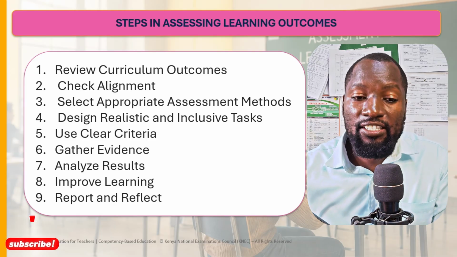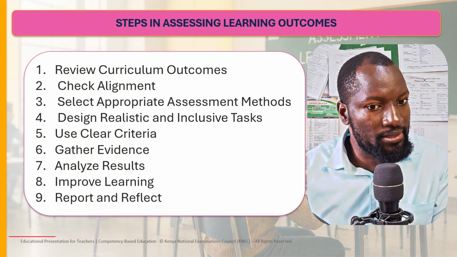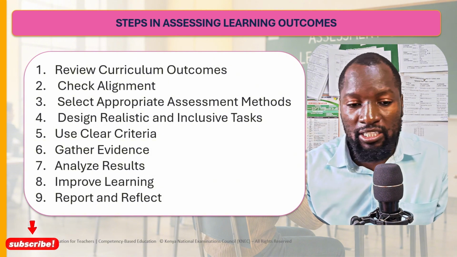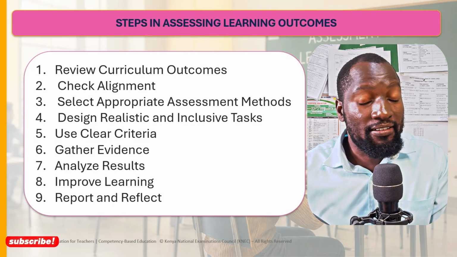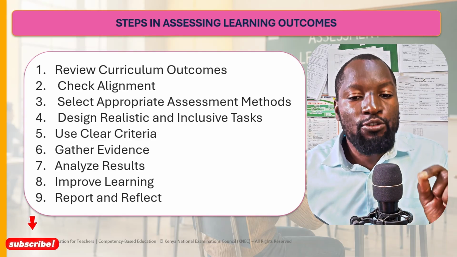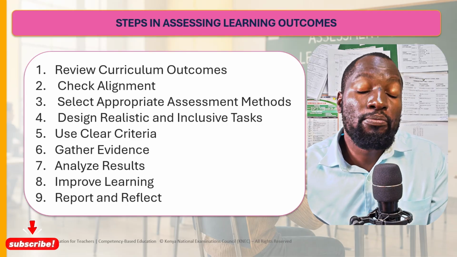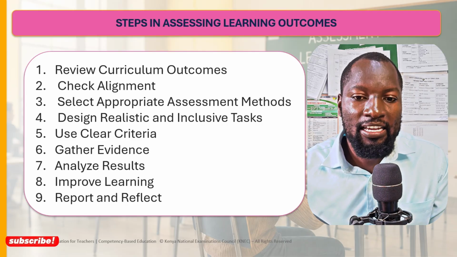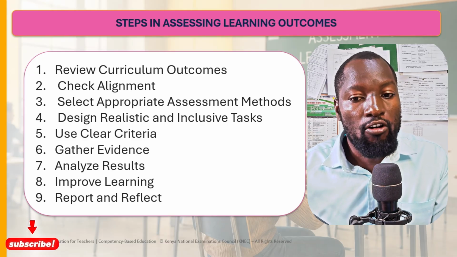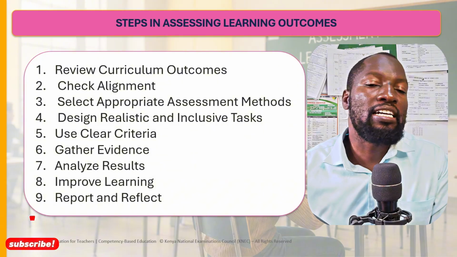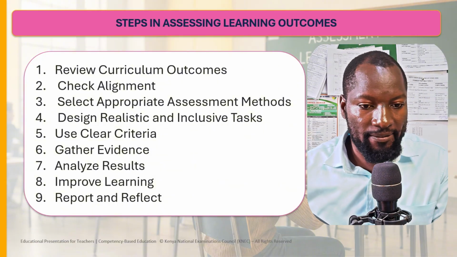Review the evidence to identify who met the outcomes, who needs support, and what patterns are emerging. And then number 8, you use the insights to improve learning. That is, adjust your teaching, offer remediation, or enrich learning based on what the assessment reveals.